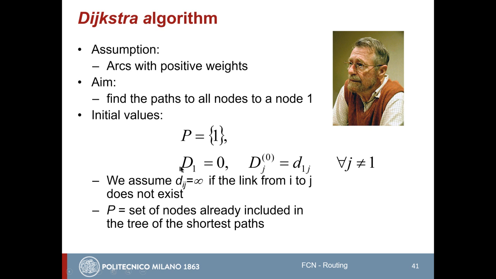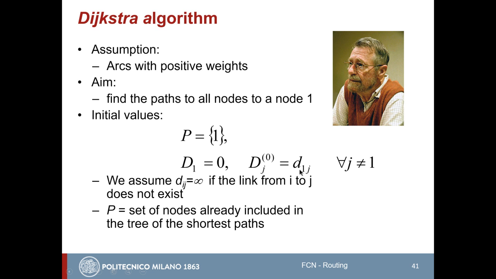Initialization is similar to what we have seen before. We can set the initial value of the distance of the source to 0, and this will remain the same. And then we can set the distance to all the nodes from the source equal to the direct link between the source and the node.